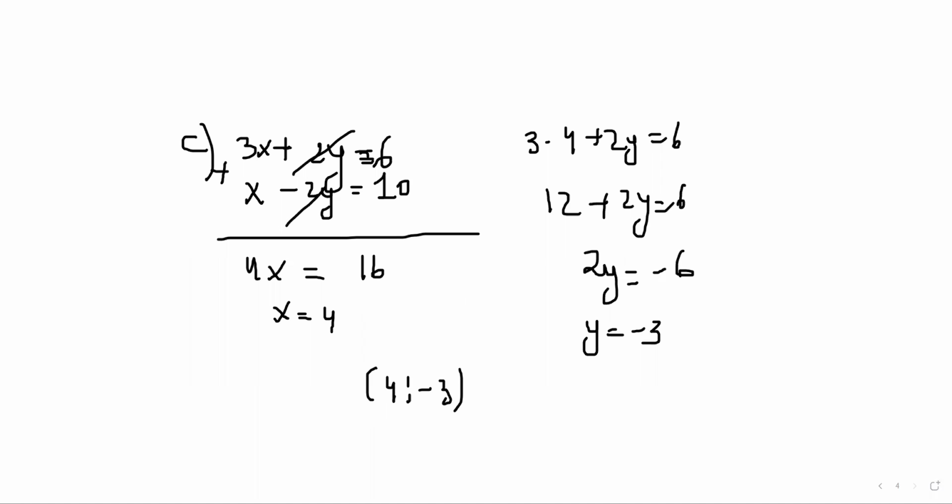Now let's do another one, a more challenging one. Let's write 3x plus 2y equals 7, and 8x plus 7y equals 12.